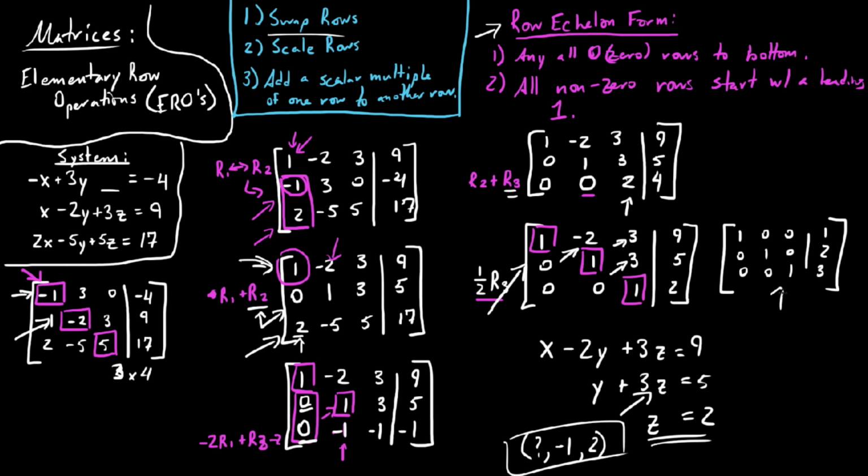We also utilize this form because you would notice if you were to put your system back together, x is simply 1 here, y is simply 2, and z would simply be 3, and that comes about by getting all of the things on top of our leading ones to also be 0, and still just using elementary row operations.